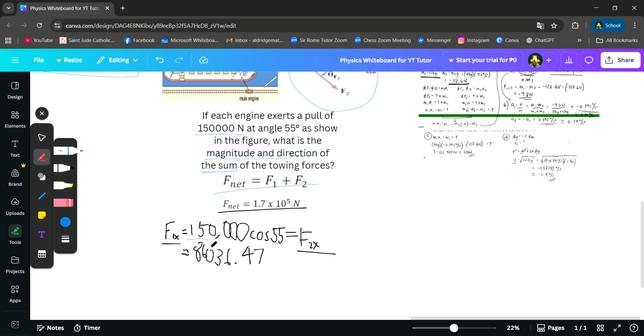This one is how to get F1x or F2x, since the two have the same angle and force. So what it equals to is around 86,036.47 newtons of force.